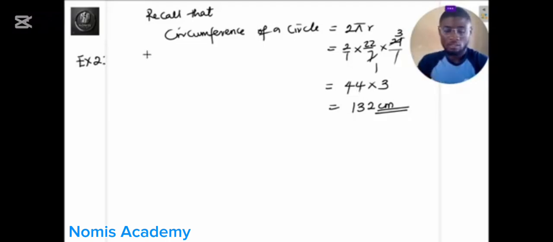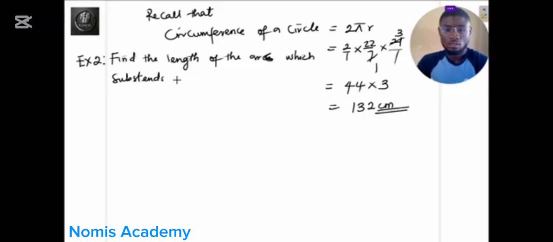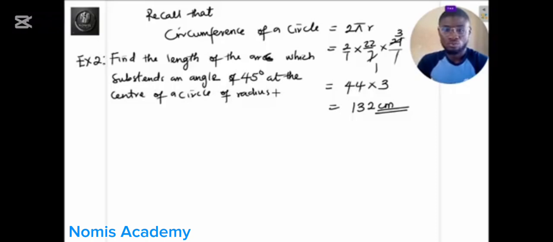The question says: find the length of the arc which subtends an angle of 45 degrees at the center of a circle of radius 12 centimeter.